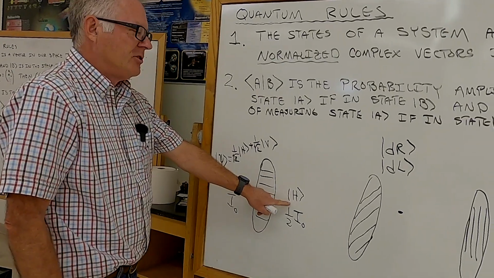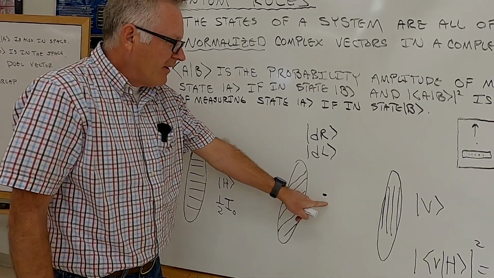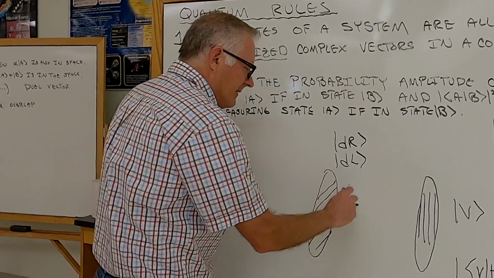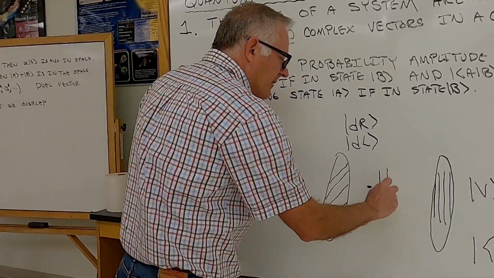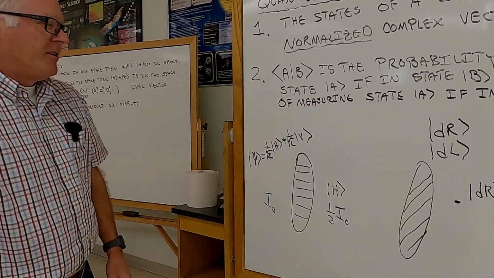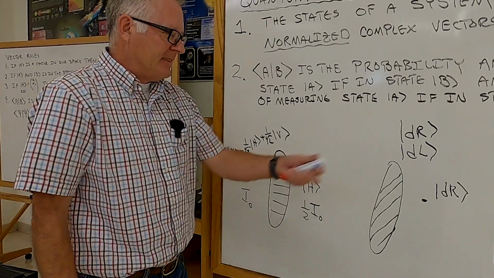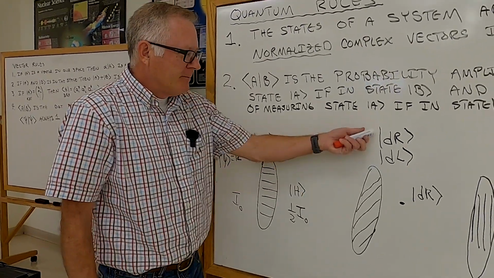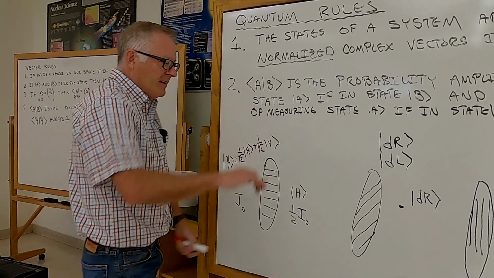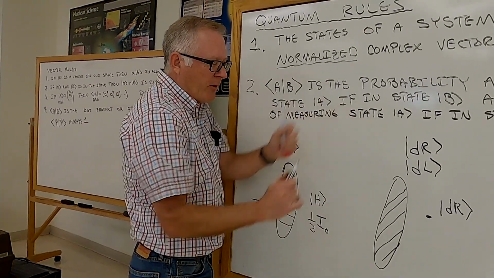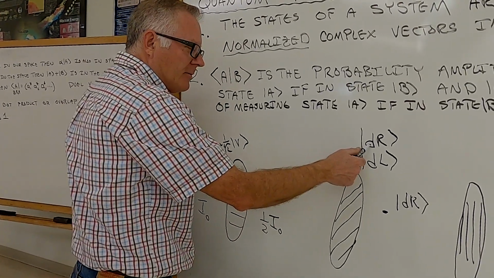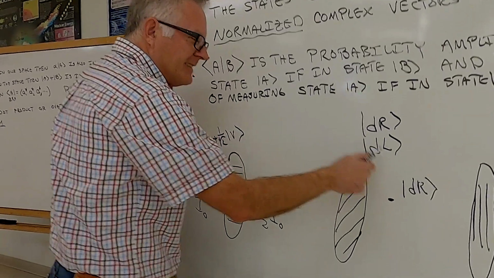I was in H. I know when I get over here, I'm going to be in diagonal right, because of the way I have it tilted. So what do I have to do? I have to change the bases. I have to write H in terms of these two vectors. Since I tilted it up 45 degrees, there's just as much diagonal right as diagonal left.